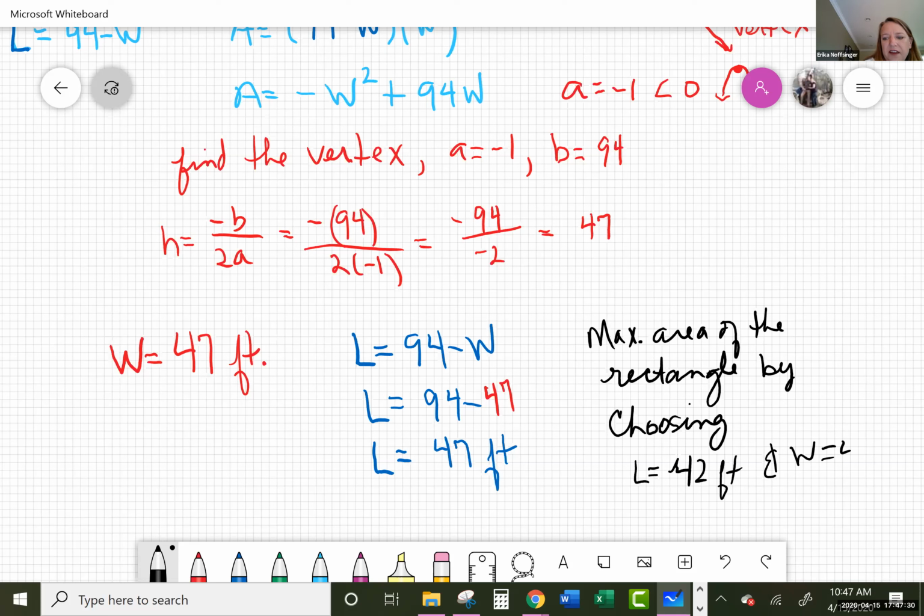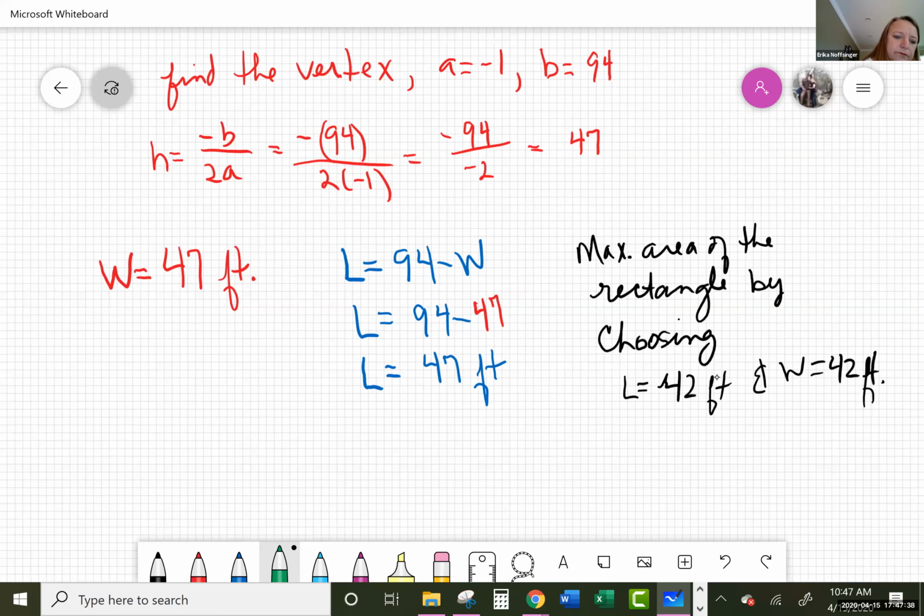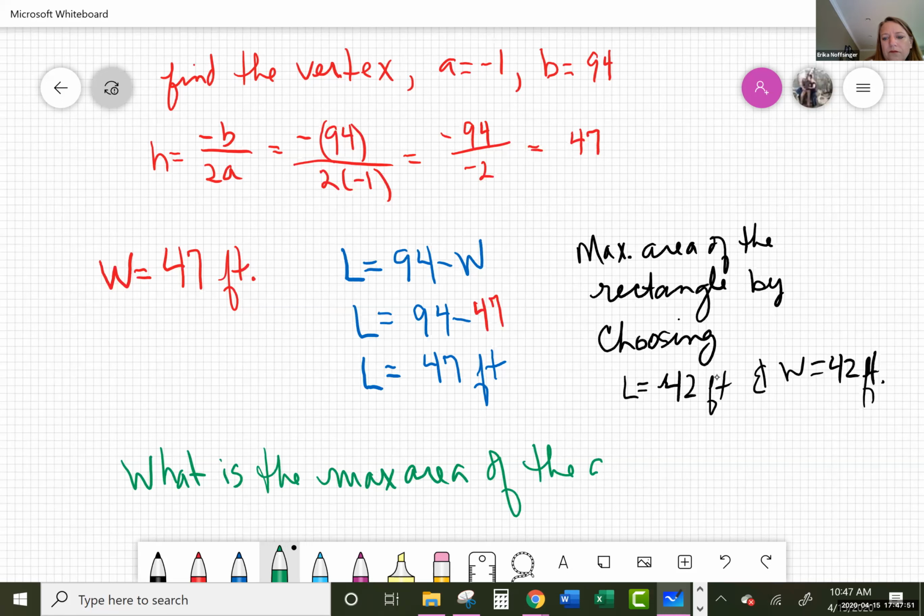What if the question went a little further and asked you, what is the maximum area? What is the maximum area of the rectangle?